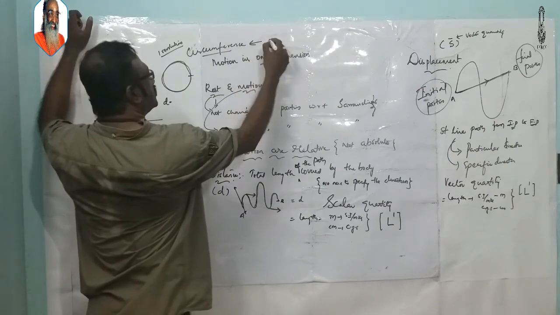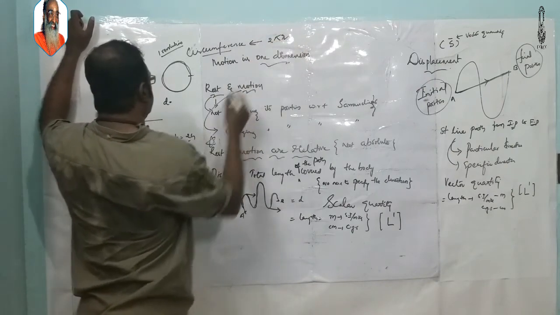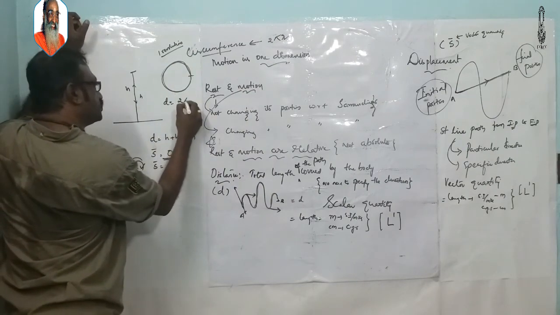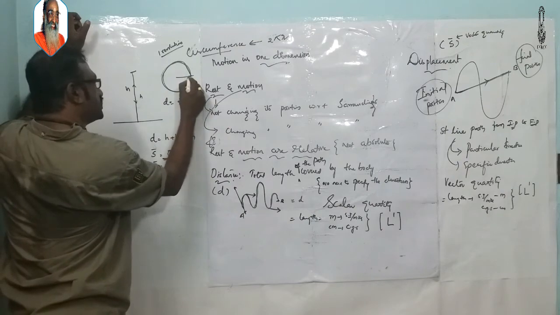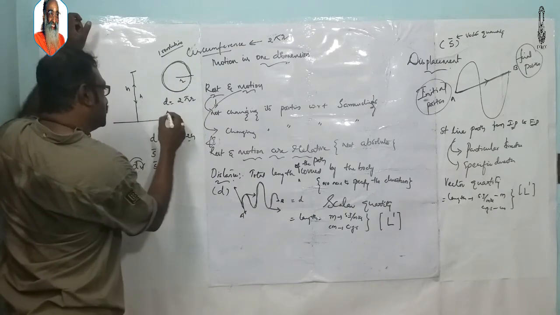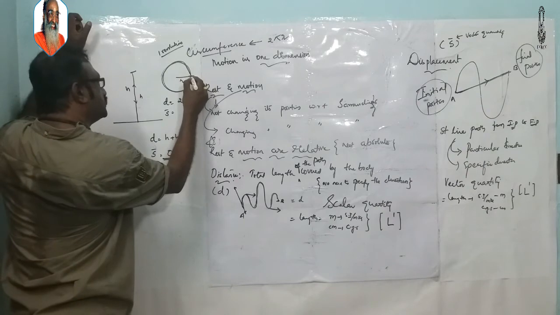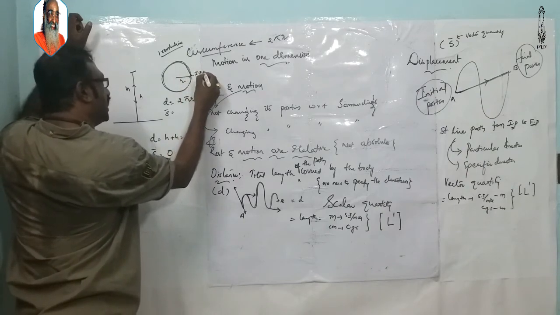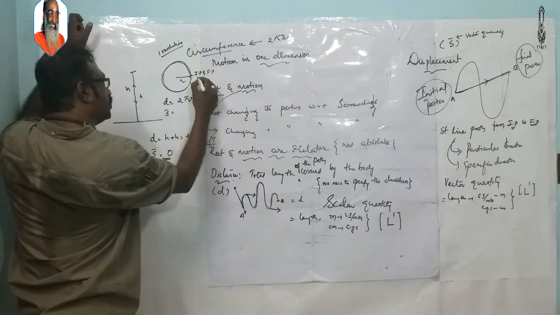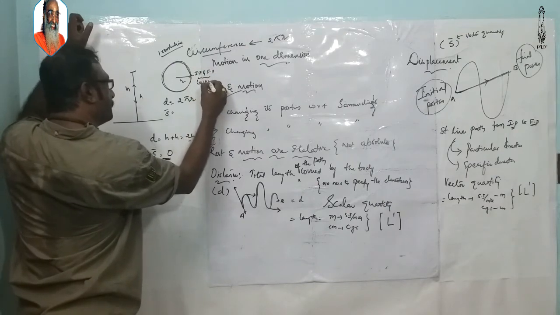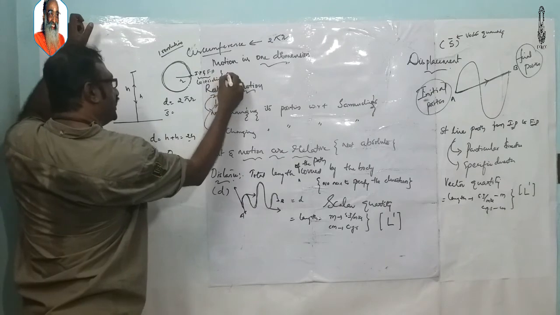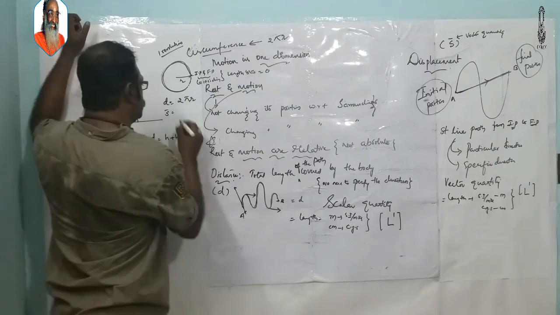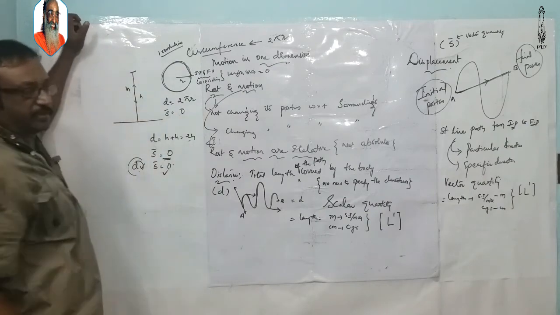Using the formula 2 pi r, where r is the radius. So distance is 2 pi r. What is the displacement? This is the starting point and that is the ending point. The initial point and final point are the same, both coinciding. That means the length between them is 0. So displacement is 0. This is one more example.